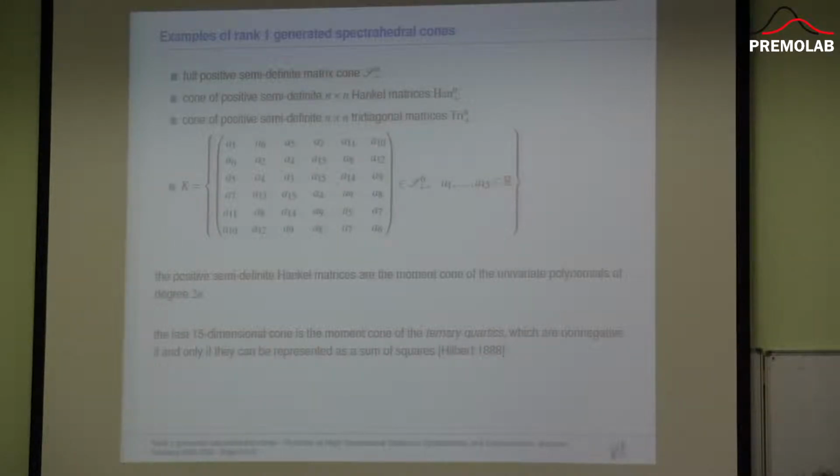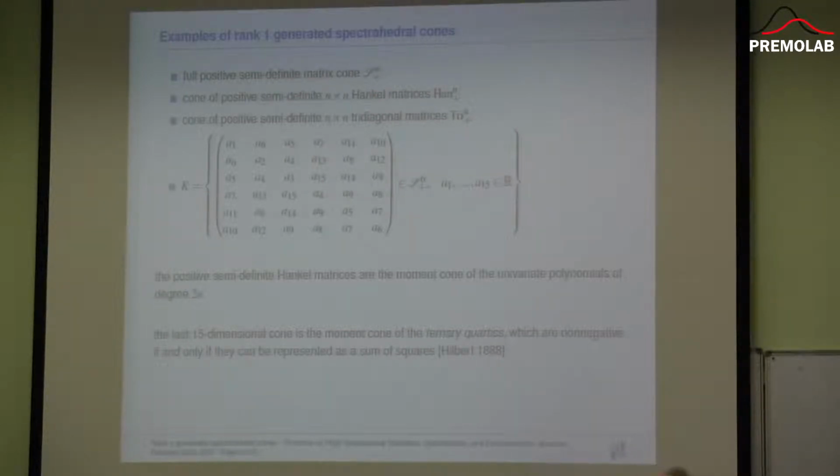These are matrices that have entries on the diagonal and on the two diagonals next to it, and the rest is 0. The cone of positive semi-definite tri-diagonal matrices is also generated by rank 1 matrices of this kind.